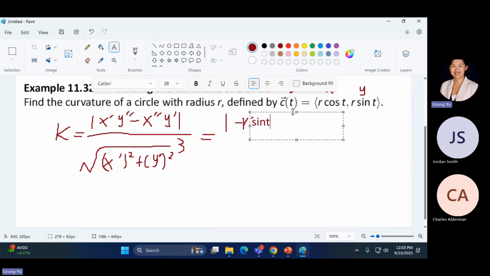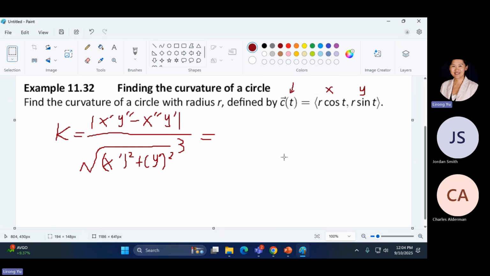The derivative of x is negative r sine t. The derivative of y will be r cosine t. Maybe it's easier to just find the derivatives first before we calculate.